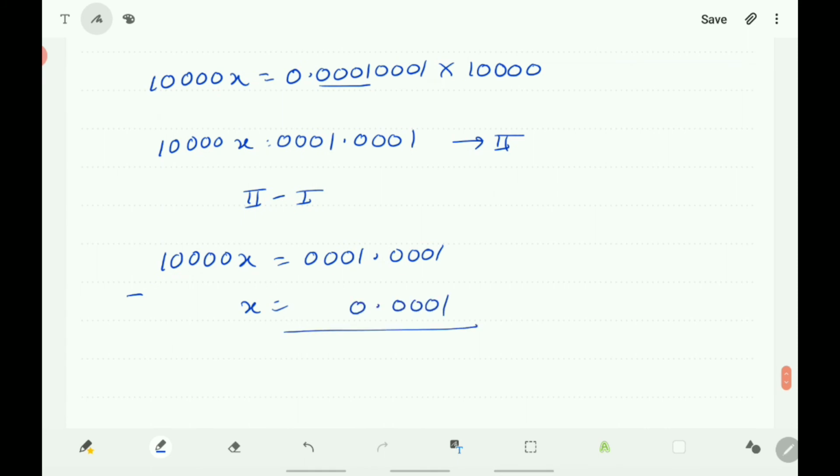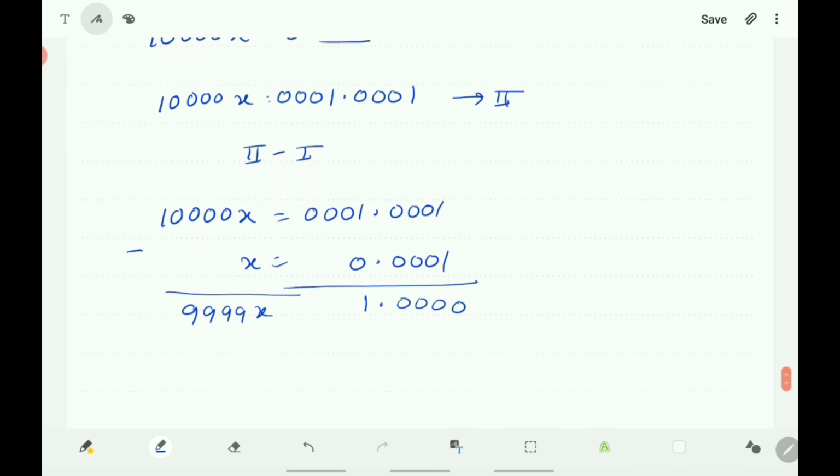Then it becomes 9999x, since 10,000 minus 1 is 9,999. And this becomes 0000 and here only 1 is remaining.